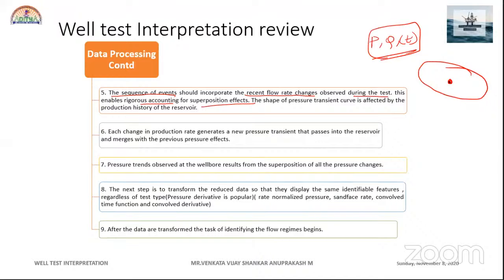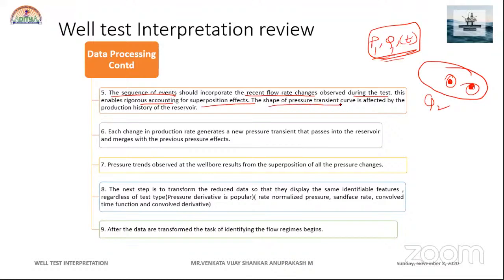After a certain period of time, another well is drilled into the same reservoir, and now the flow rate is not Q1, it is changed to Q2. Now what we'll be doing is taking the pressure response of each of the wells and adding them up. That effect is the superposition theorem. When you do the superposition for n number of rates, you'll understand more about that.